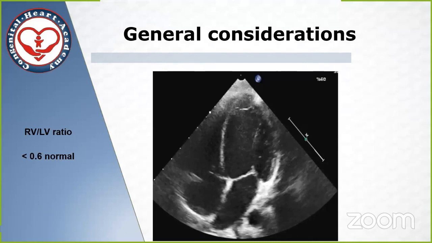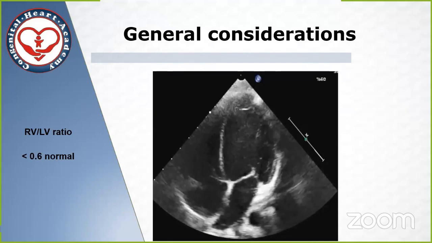As a general rule, in a four-chamber view, we have to keep in mind that the left ventricle will always look, in a normal heart, a little bit bigger than the right ventricle.